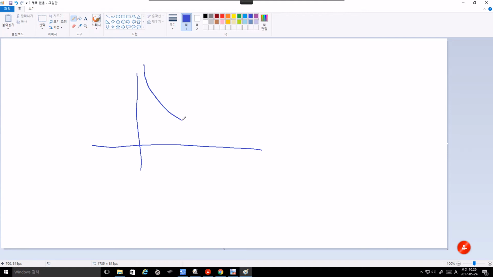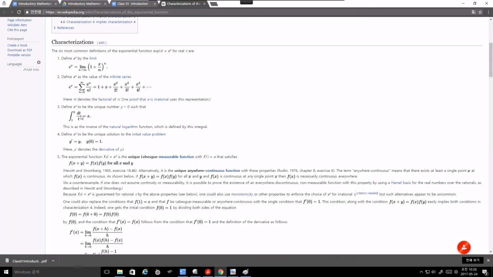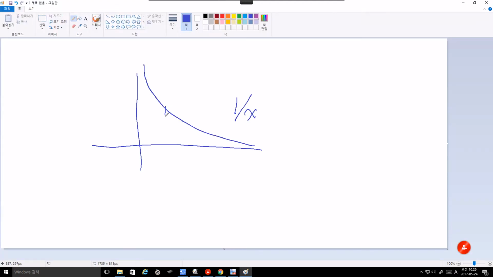This is the 1 over x, and then we integrate from 1 to e to the power of t. Let me change the notation actually. Let me change this to x, and let me change the name of the x-axis to t, and then it is 1 over t.